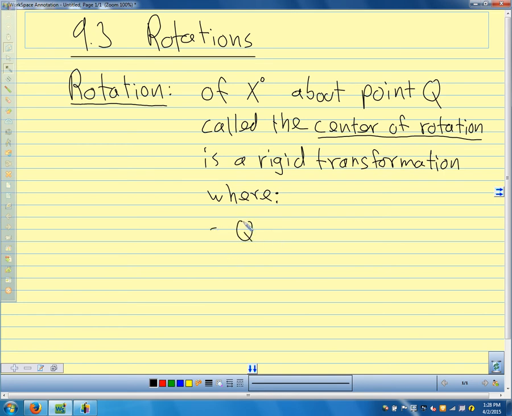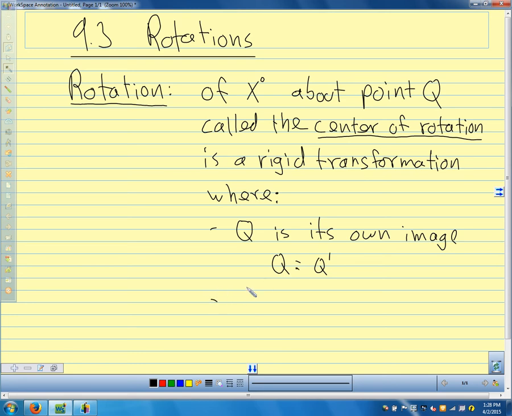Q, the center of rotation, is its own image. So we say Q equals Q prime. So if we have a point that's on the center of rotation and we rotate it, the center doesn't move anywhere.